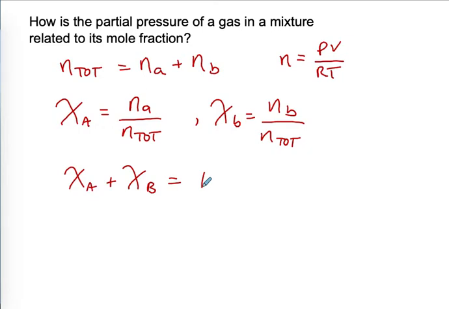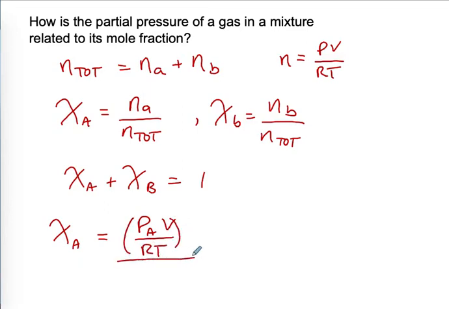Now, since we're dealing with gases here, we can write an expression for the mole fraction of component A by substituting in expressions for the moles of A and the total moles based on the ideal gas law. So the moles of A will simply be the partial pressure of A times V over RT.